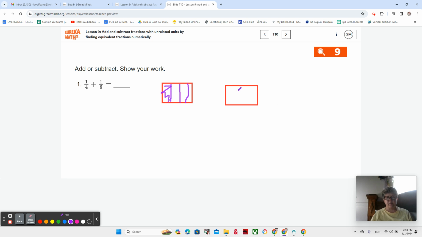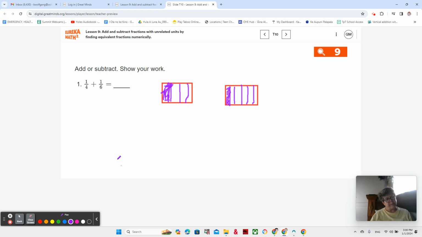And then 1/6 would be 5 lines, and one of them is colored in. So now we can clearly see how much we're dealing with here. The coloring does not have to be perfect, and neither do the lines.